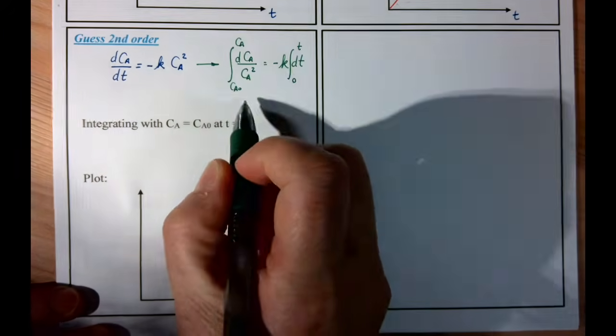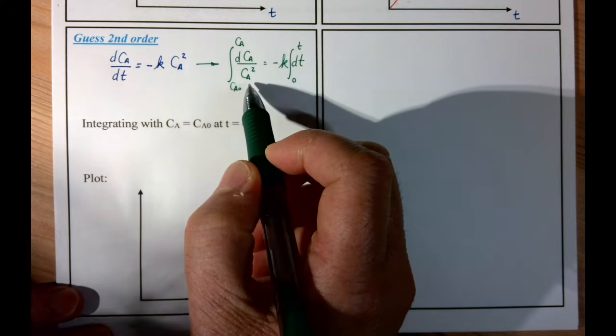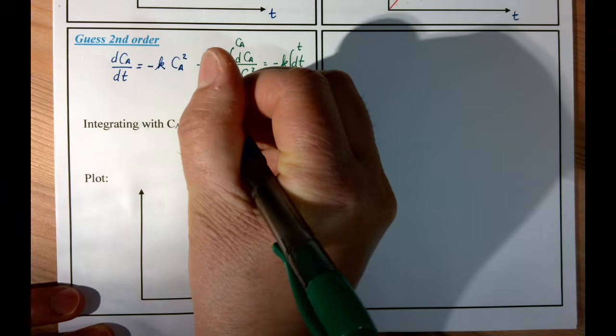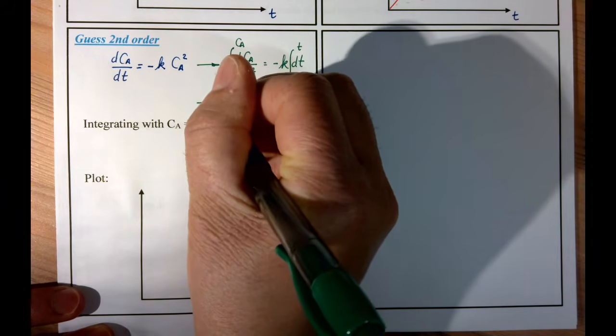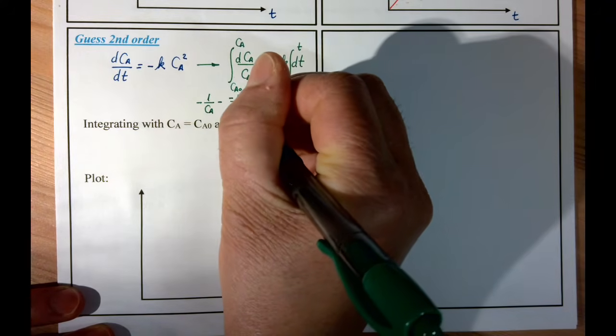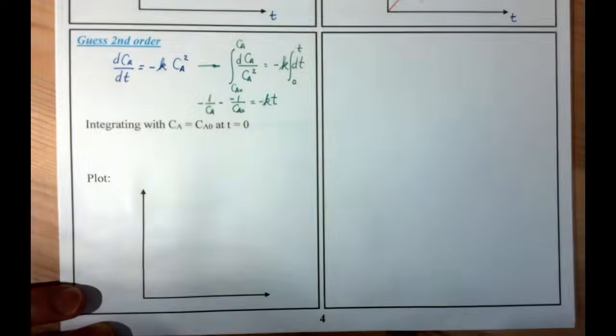The integral of dx over x squared, following the integration rules, gives minus 1 over CA minus minus 1 over CA naught, equal to minus kt.